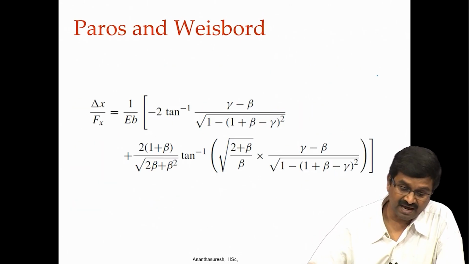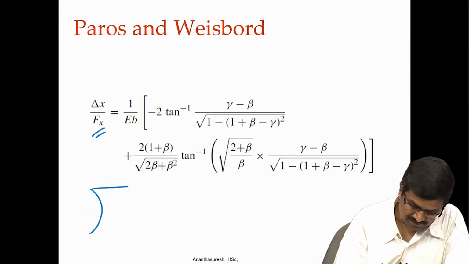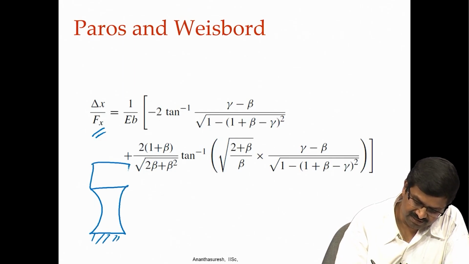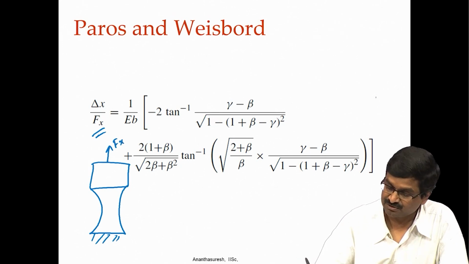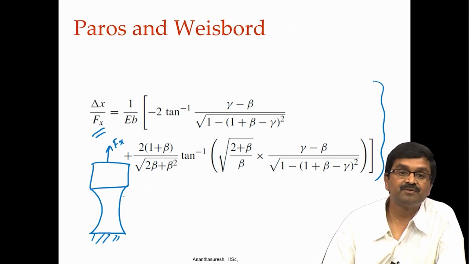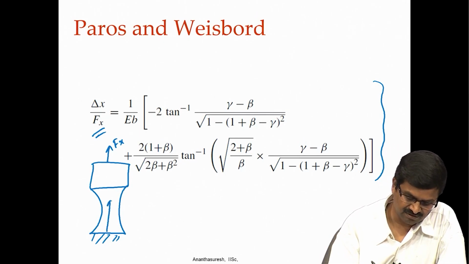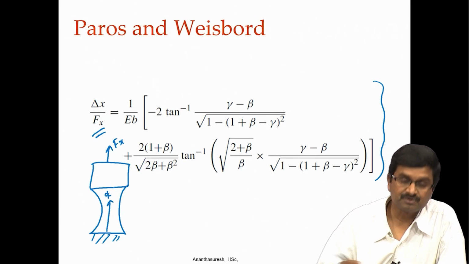Likewise, you can also get the axial one, that is, again if I were to draw with this one fixed and you have a rigid body, if I apply a force Fx here, how much does it move? For that also there is a rather long formula, because now it is a bar with variable area of cross section, right. So, the area of cross section along x is varying, but that also you can get.